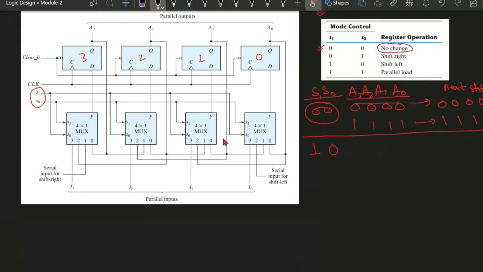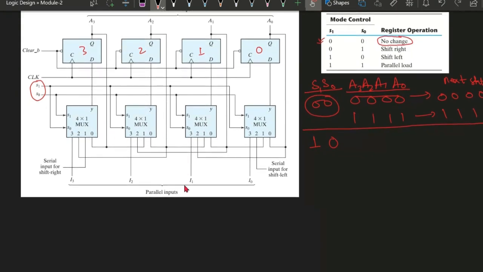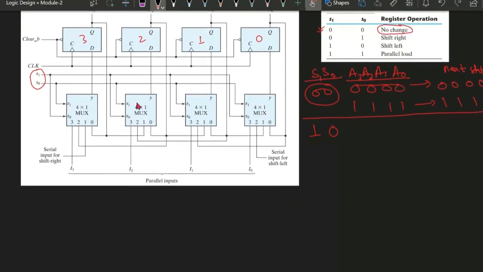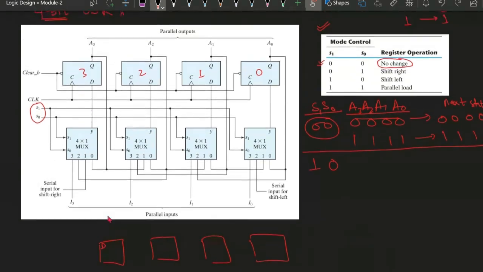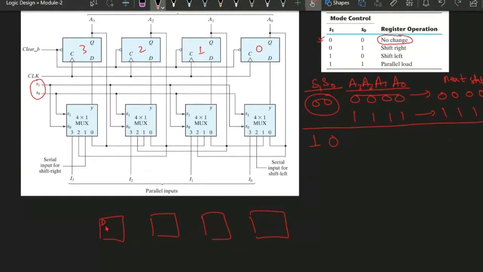So if this is the case, how will it be connected? Or you can redraw the circuit diagram. Here, in the first case, this is the circuit diagram. You can just draw what we have already seen in the previous class, the relation between the shift registers.